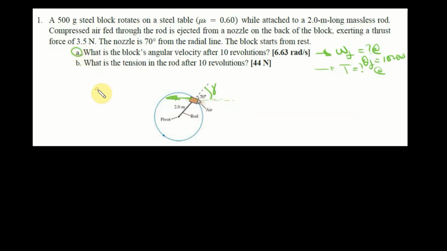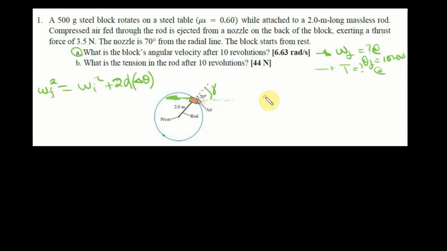From kinematics, we know the following. Let's look at A. From kinematics, we know that the final angular velocity squared is equal to initial angular velocity squared plus 2 multiplied by angular acceleration multiplied by change in angular position, which is the displacement.